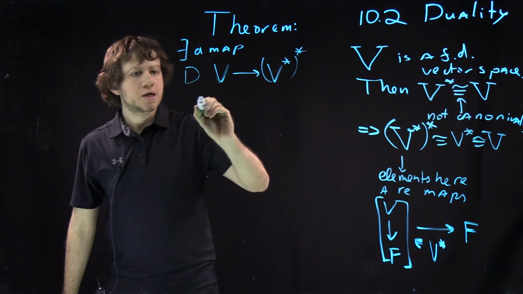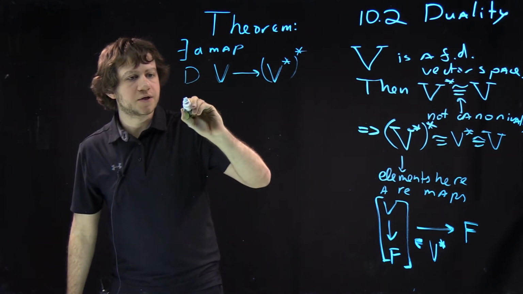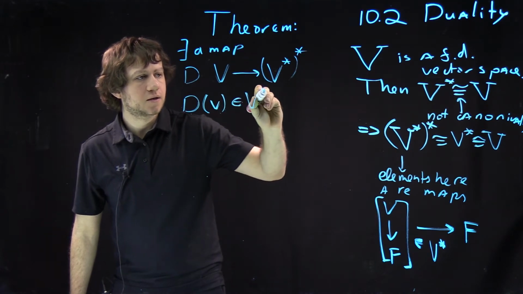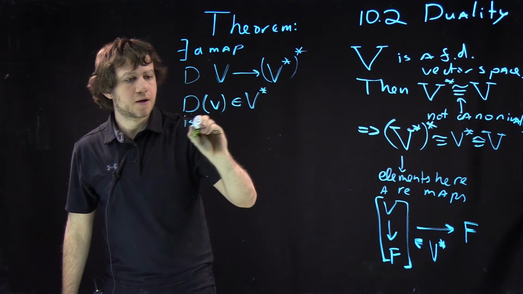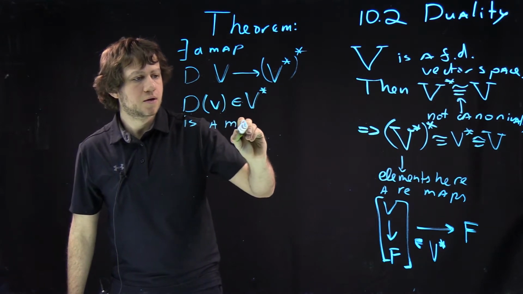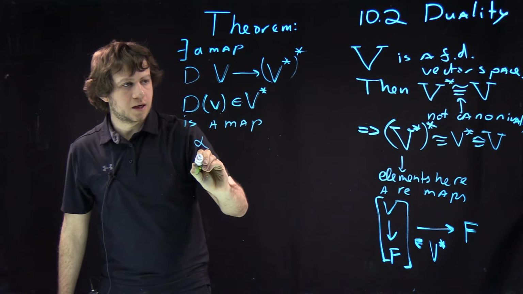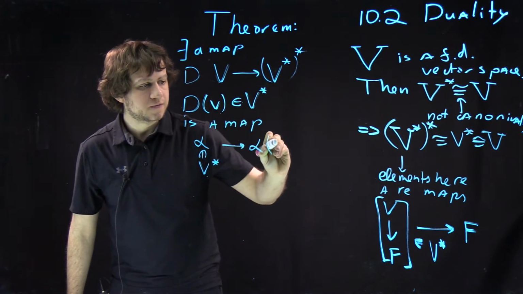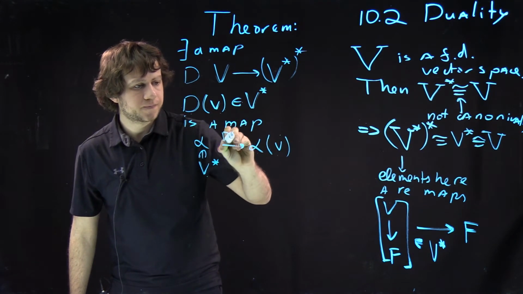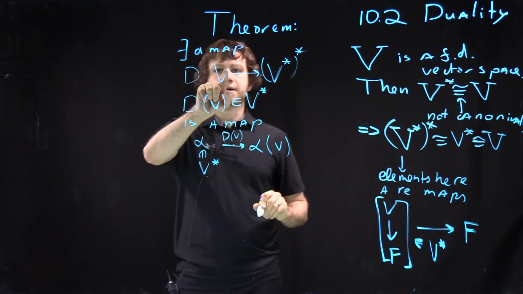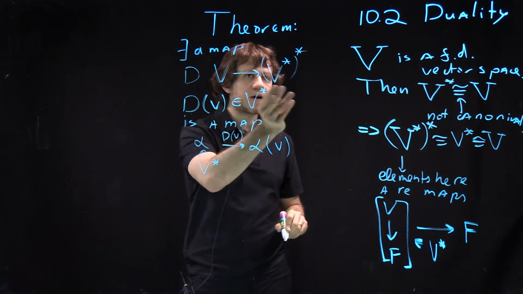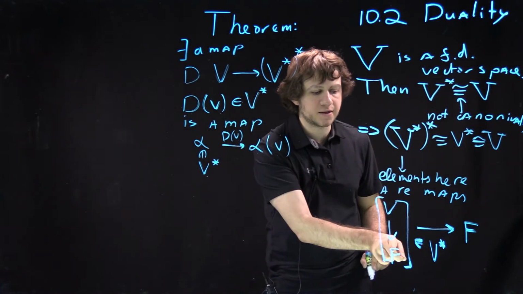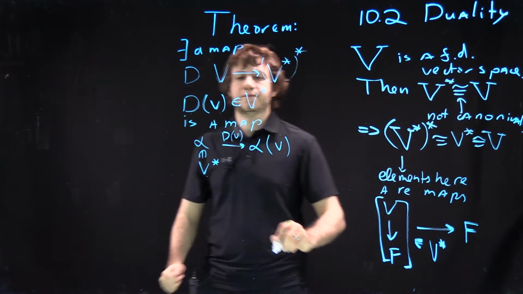What this map does: it takes a vector v, so D of v inside V star star is a map which takes every functional alpha in V star and plugs in v. So this is D of v. Again, I take a vector in V, and then I need a functional on V star. And this is how it works: take any element of V star and plug in this fixed vector v and get an element of F.